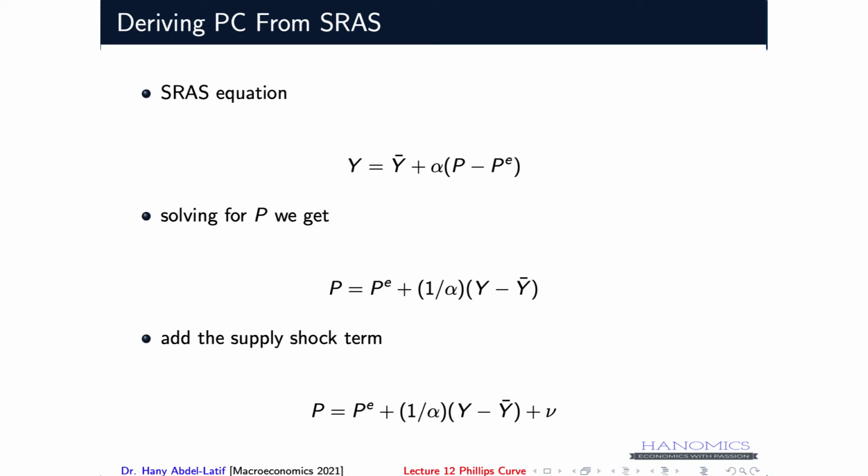So if you solve this equation here, because we want to reach something close to this, we want prices or inflation on the left-hand side and unemployment on the right-hand side. So far we don't have unemployment yet, but we have output in this equation.